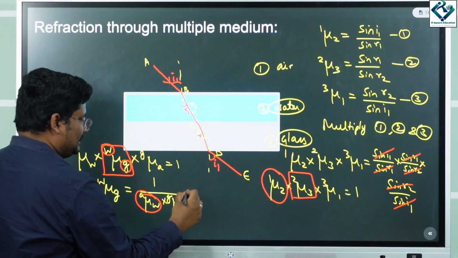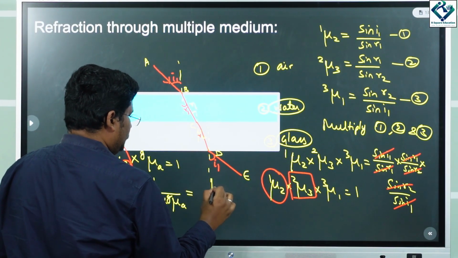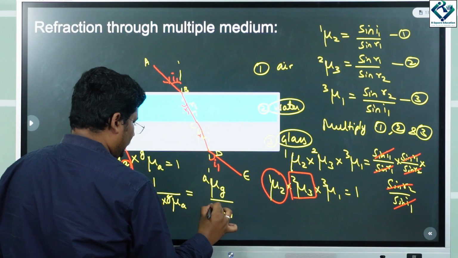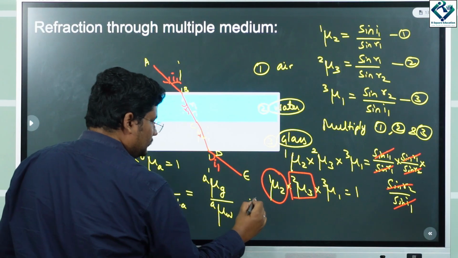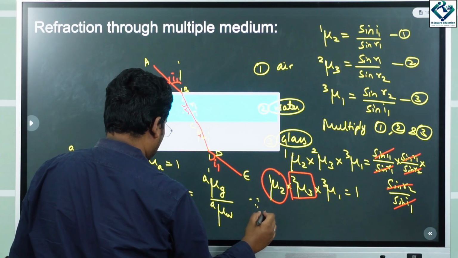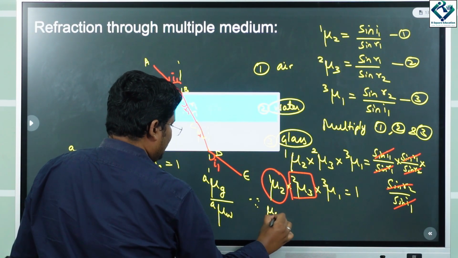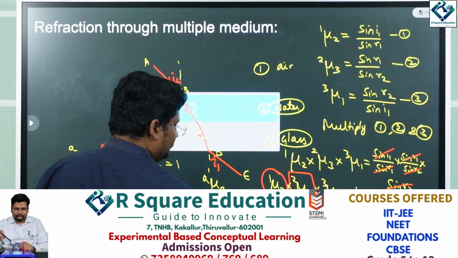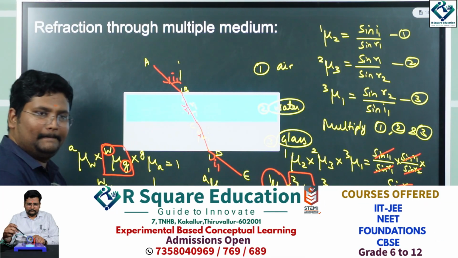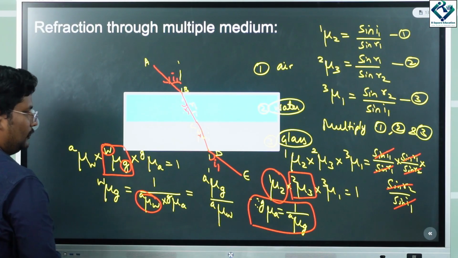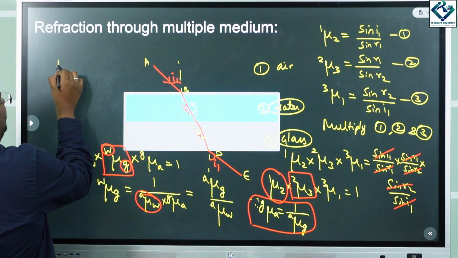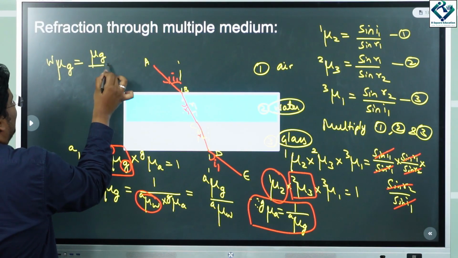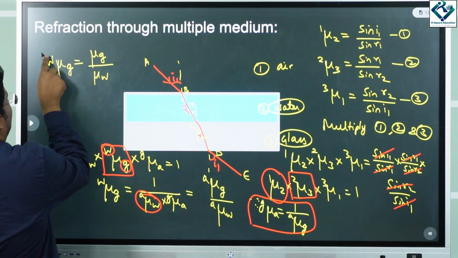So I can replace this as mu GA divided by mu WA. How? Since mu AG can be done like 1 by mu GA. Correct? Yes. So now we have found out what is going to be the refractive index of glass with respect to water as refractive index of glass to that of refractive index of water.